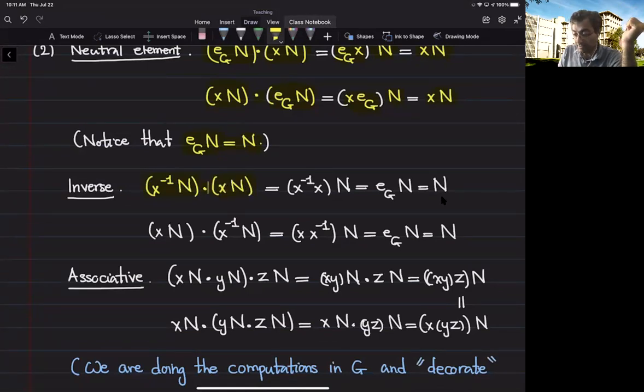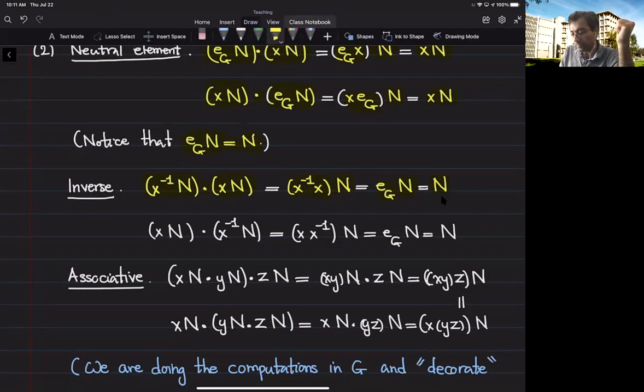The way that we define this multiplication is simply by multiplying these coset representatives and then taking the coset that the product represents. So x inverse times x, and then the coset that x inverse times x represents is this. But remember, x inverse x is the neutral element, and this is precisely the neutral element of the factor G over N with respect to this multiplication.